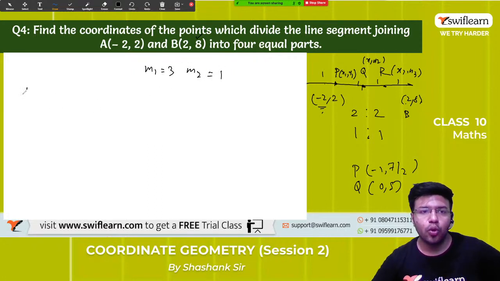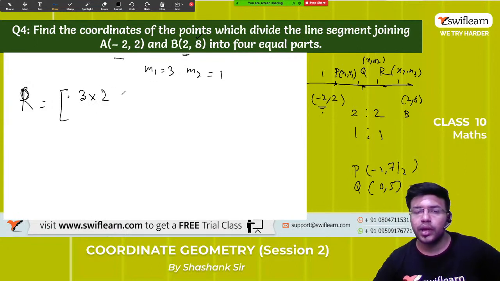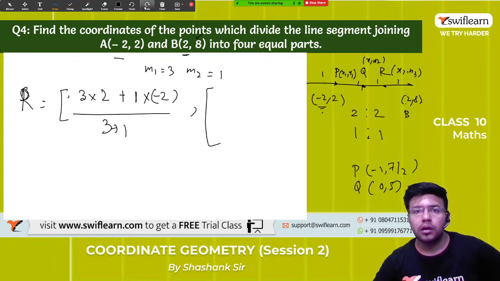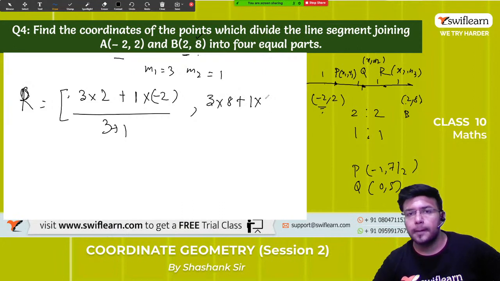So point R is M1 x2, x2 is this, plus M2 x1 divided by M1 plus M2, 3 plus 1, comma M1 y2, how much is y2? 8, plus M2 y1 divided by M1 plus M2.